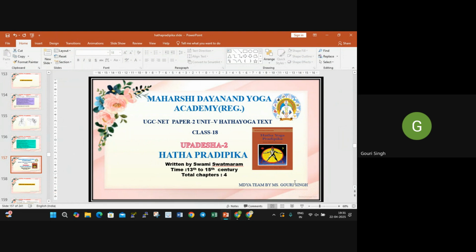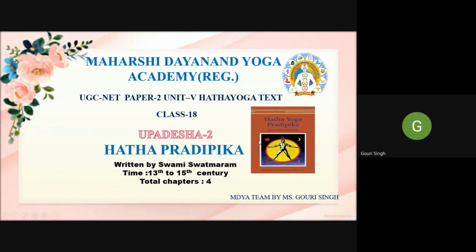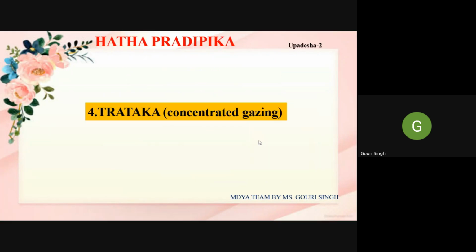Okay. So today is our 18th class of Pradipika and we are continuing with Upadesha 2, which is discussing the Sat Kriyas. Before Sat Kriyas, we already discussed the Nadi Suddhi, how one needs to do it. What is the proper channelized form Swatmaram discusses in this Hatha Pradipika?